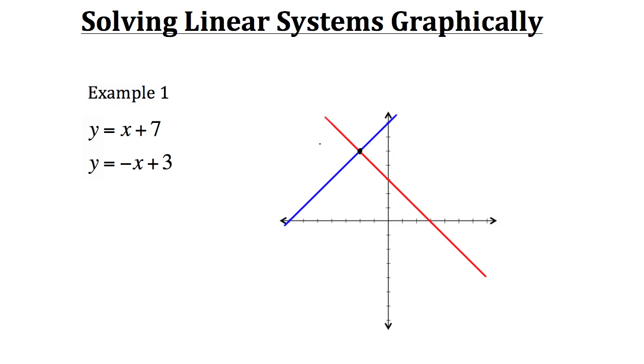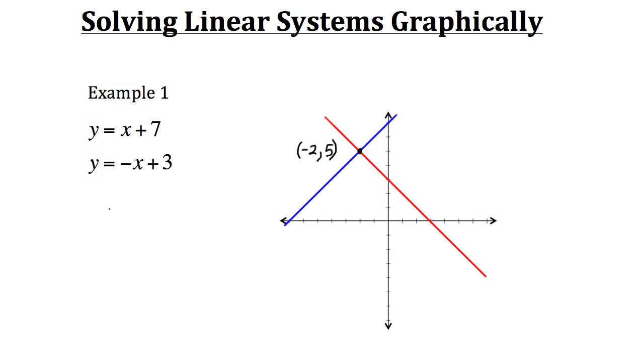So it looks like the x value would be negative 2, and the y value would be 5. So for this particular system of linear equations, the solution would be where x equals negative 2 and y equals 5.